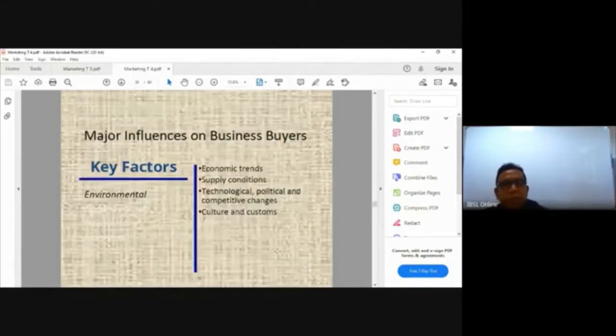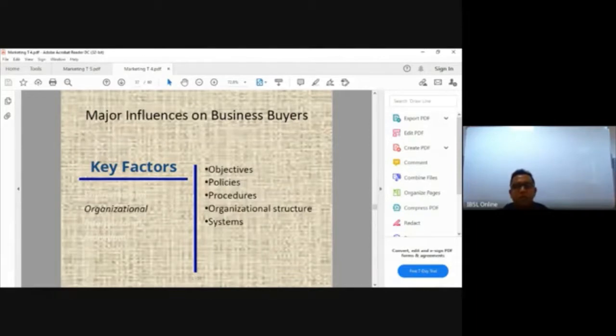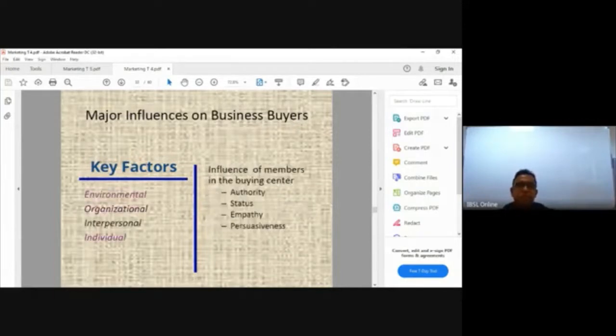So influences: for individual buying, there were cultural factors, social factors, personal and psychological factors. But here also there are factors that influence business buying behavior: environmental, economic, supply condition, technological, political, and so on; organizational objectives, policies, procedures, organizational structure, systems; and interpersonal influence of members in the buying center.